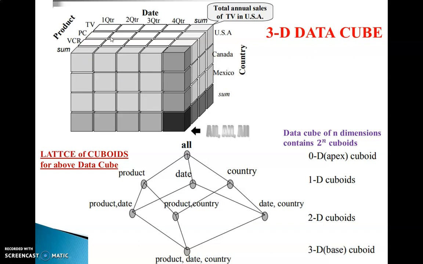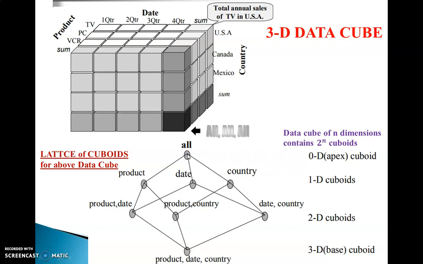Now for this data cube we have a lattice of cuboids. Okay, so now how to draw this lattice of cuboids. So we start with the point, okay, that is called the zero dimension apex cuboid.